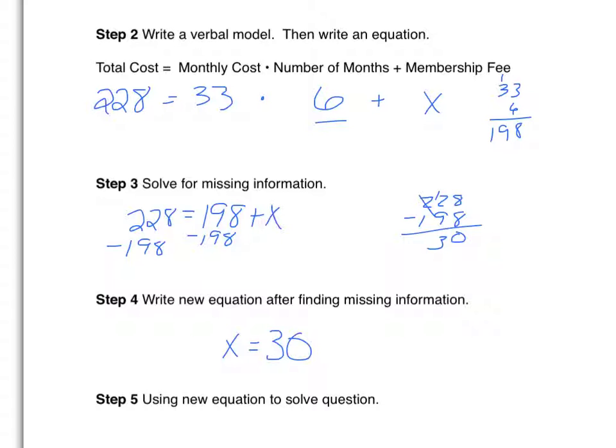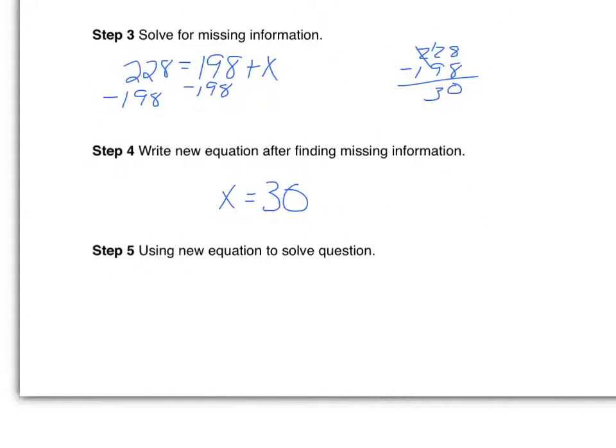Now what we need to do is plug in 9 for the month instead of 6. So what I'm going to do here is rewrite the equation, and I'm going to solve like this. y equals $33 was the monthly fee, and we want to solve it for 9 months plus 30. 33 times 9 is 297 plus 30.